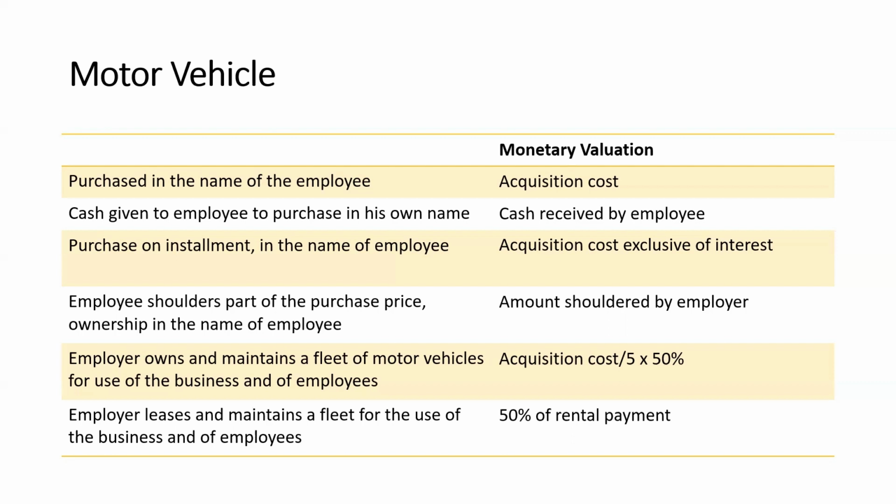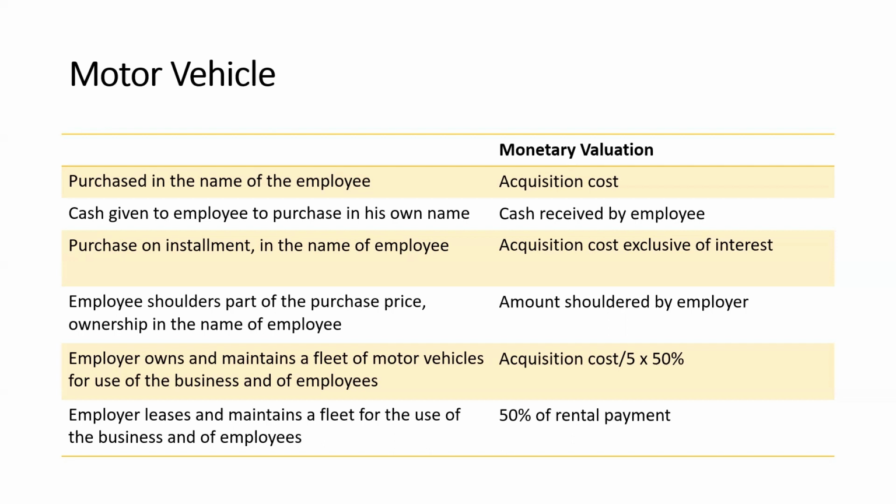And then employer leases and maintains a fleet for the use of a business and of employees. So sinong gumagamit? Sinong owner ng vehicle? Yung company. Kaya nakita nyo, 50%. Lumabas na naman yung 50% of rental payment, or 50% of acquisition divided by 5.